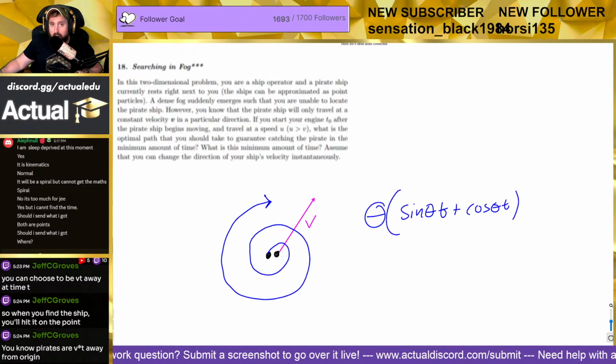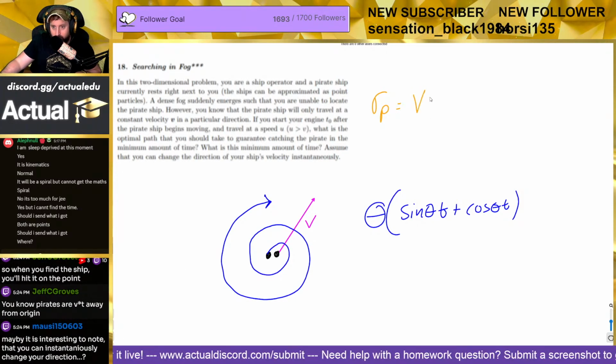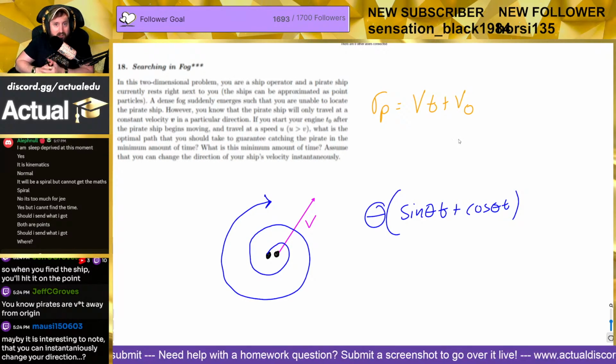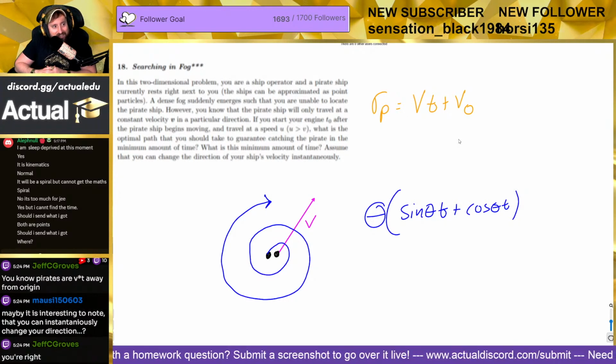Well, VT plus V naught, right? So R of the pirates is equal to VT plus V naught. Maybe it's interesting to know that you can instantaneously change your direction. Yeah. I mean, you can send what you got in the chat there. That's cool, Aleph. Just send it.